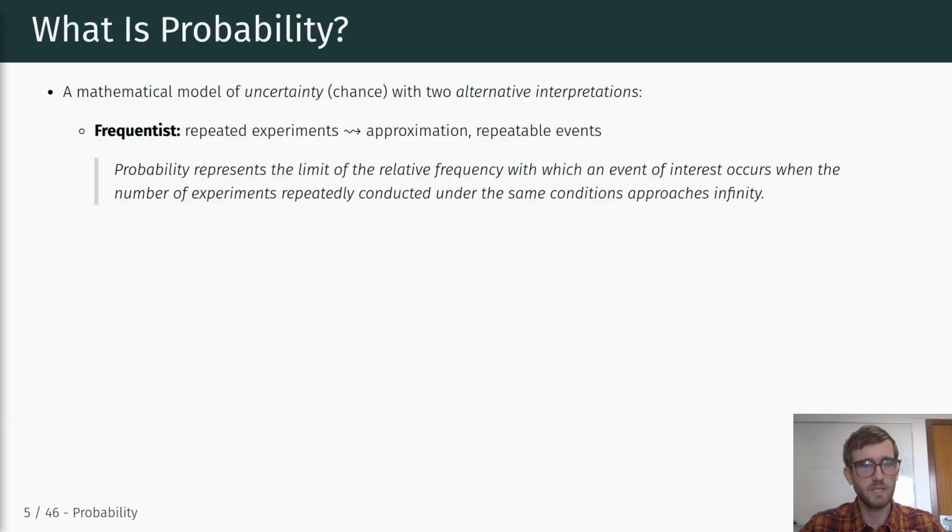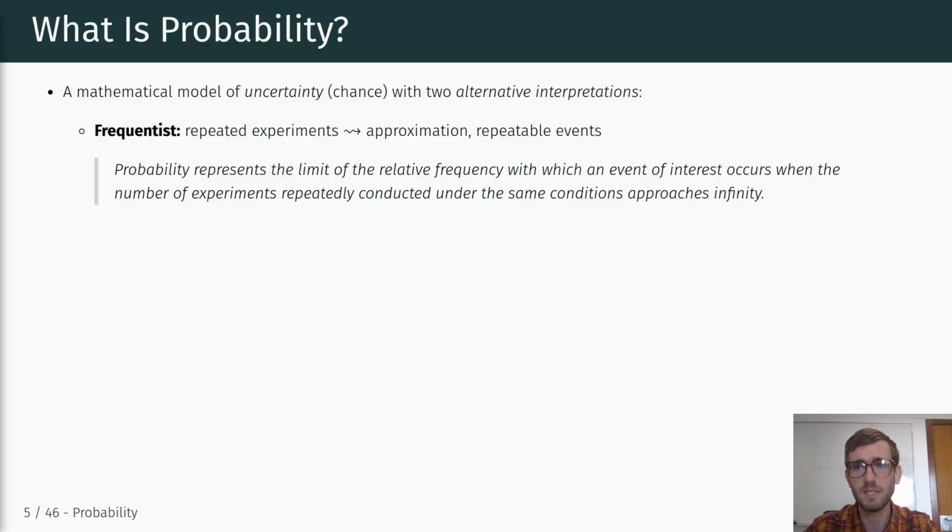And intuitively, of course, that makes a lot of sense, but there are some difficulties, because this frequentist interpretation implies that we have some repeatable event, right? And we approximate a relative frequency in repeatable events. But what about events where this idea of repeating the experiment doesn't quite work? We talked about forecasts for the election result.